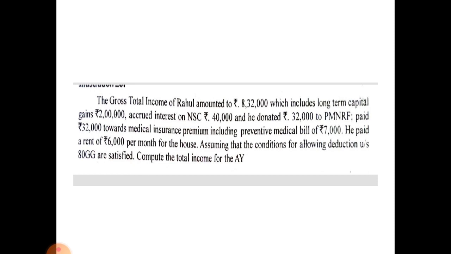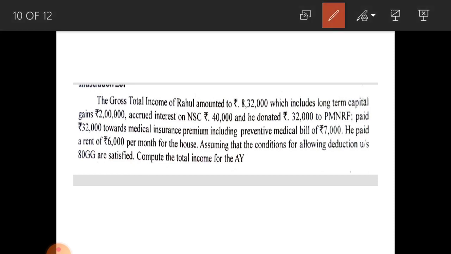The gross total income of Rahul is given, that is 8,32,000, and the information relating to deduction under section 80 is also given. You have to compute his total income. See the problem.